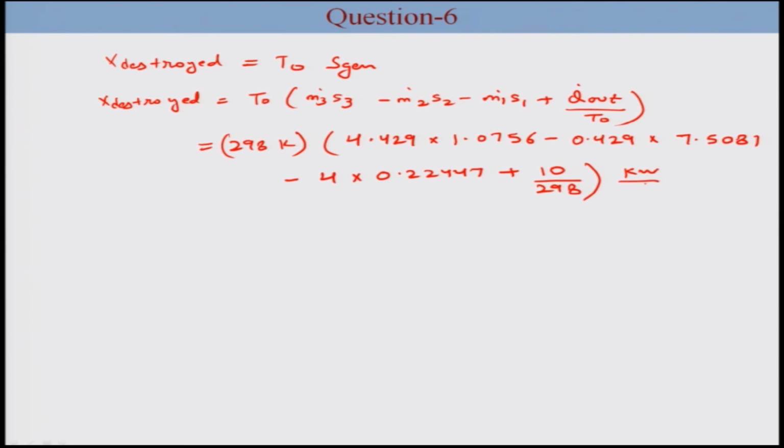So, this comes out to be 202 kilowatt. So, the total exergy destroyed, or the wasted work potential during this mixing process, is 202 kilowatt.